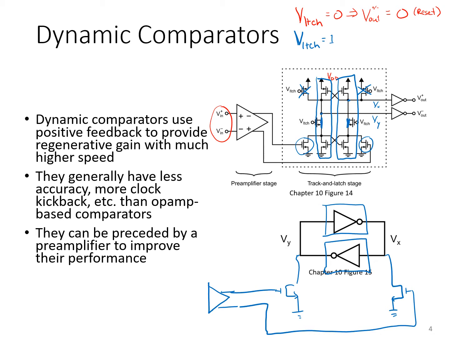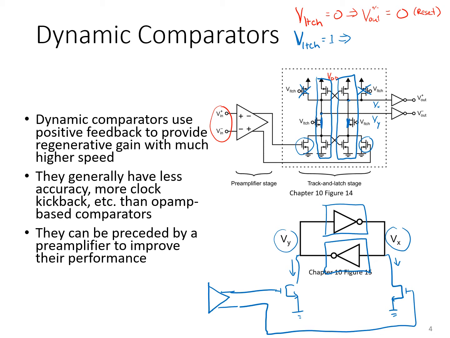When Latch goes high, we see that a small differential current is injected onto these two nodes, which are both starting up at VDD. And depending on which side of the differential input is at a higher voltage, we'll see that one of these two nodes will be pulled down towards ground faster.